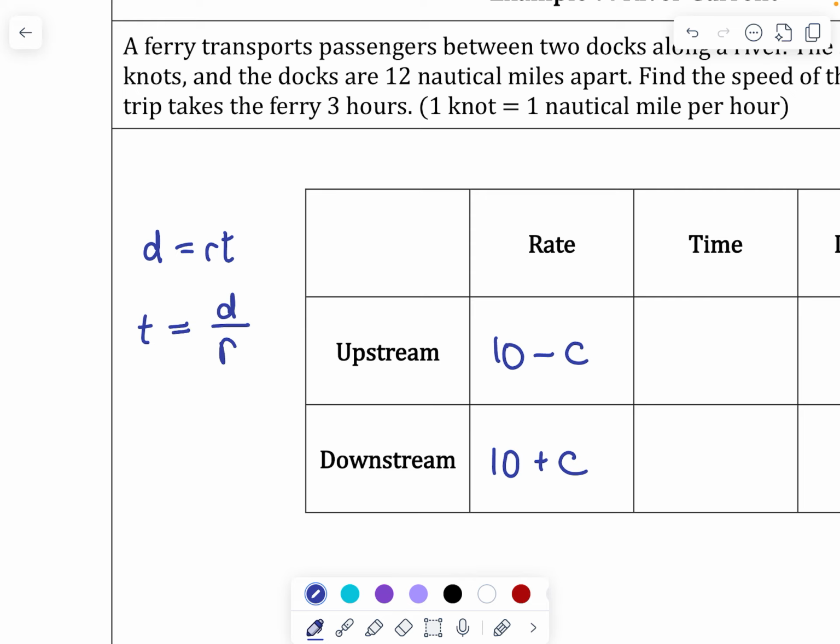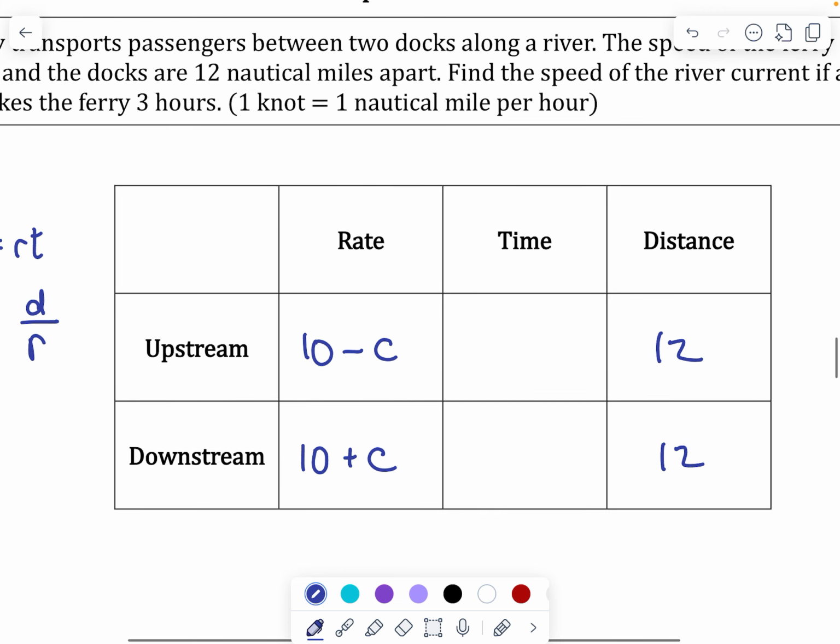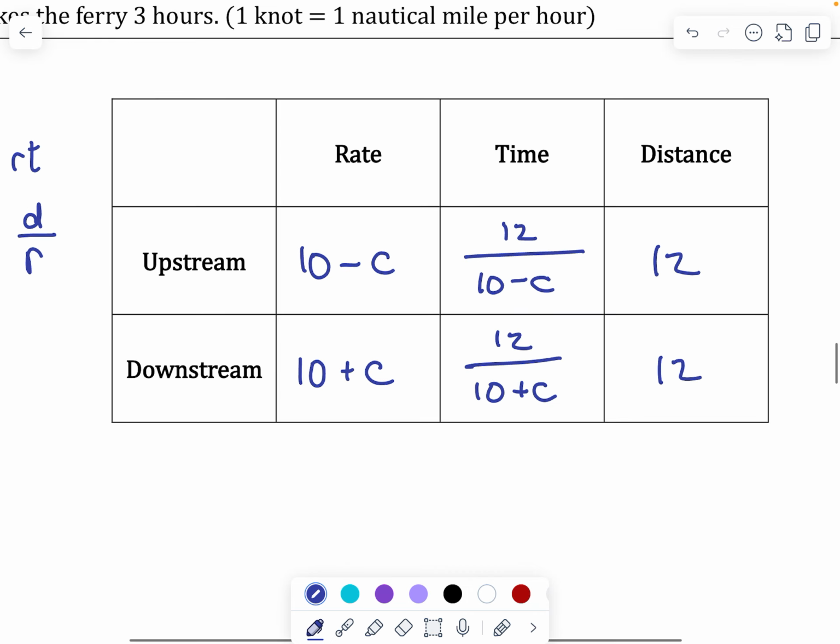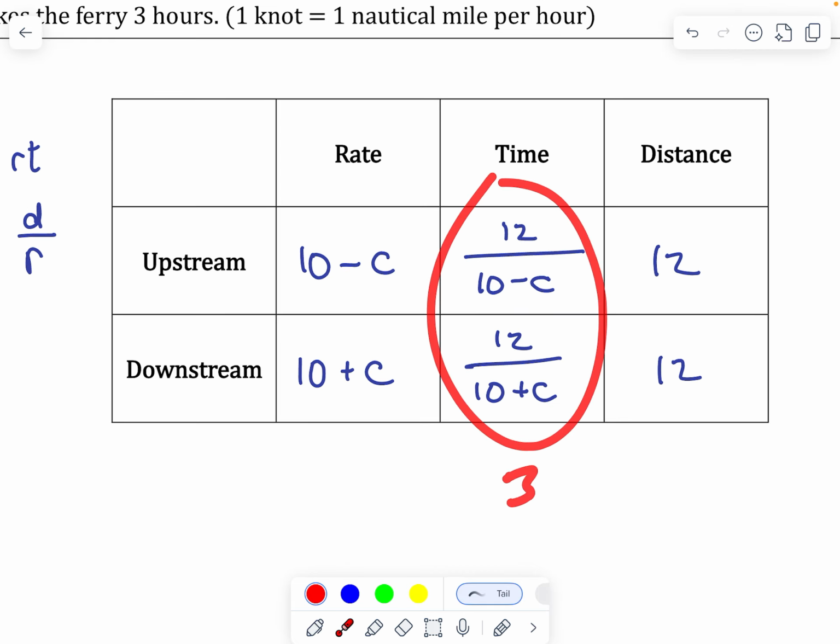Same formula, different perspective. So the time, again, equals distance divided by rate. So for upstream, that's going to be 12 divided by 10 minus c. For downstream, that's going to be 12 divided by 10 plus c. And again, these two things need to add up to a total of 3 hours.